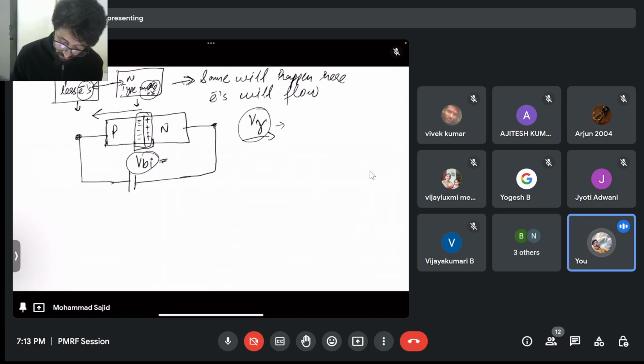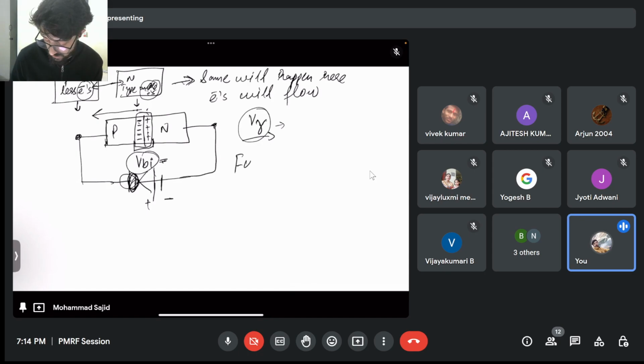Now you know this is a diode. If you connect zero bias here, electrons won't flow, because there is a potential from this direction to this direction. To make the electrons flow, you have to apply some voltage. When you connect positive to positive, this is called a forward bias.